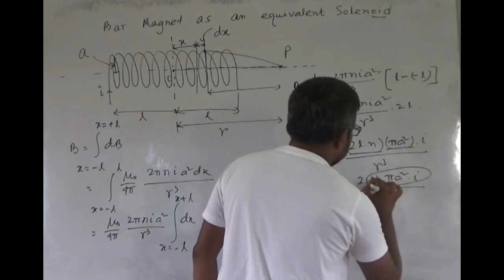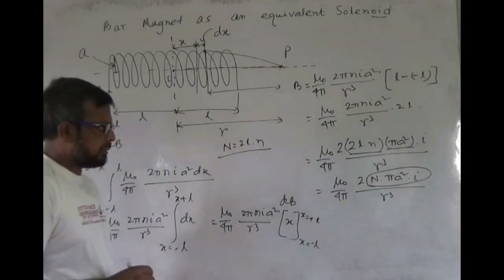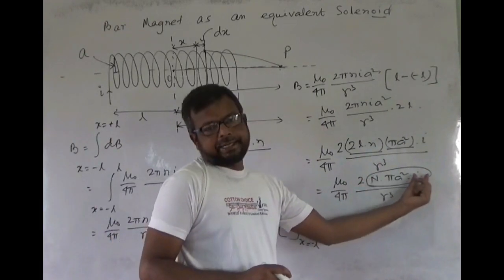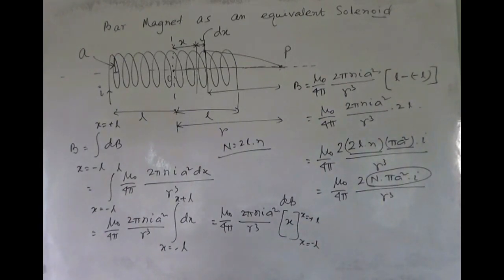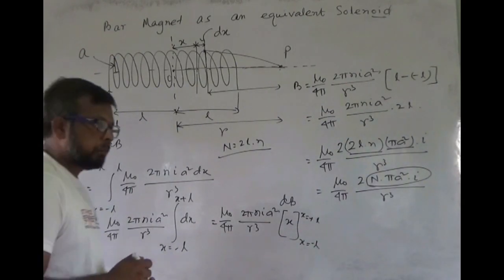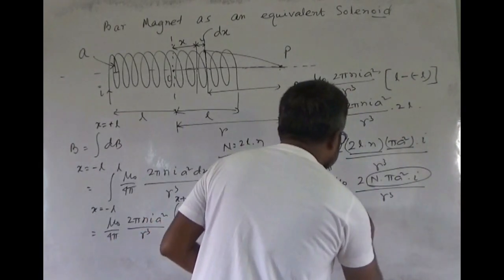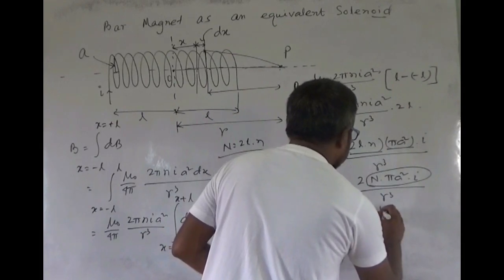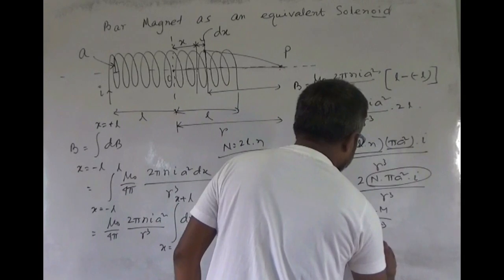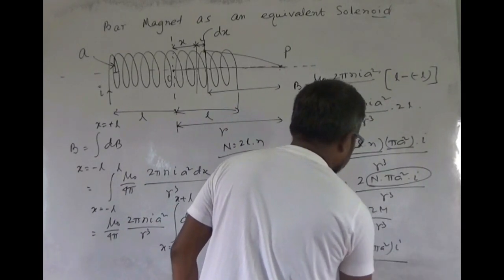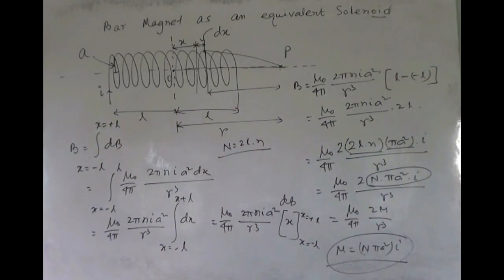Now what is this term? 2L into N is the total number of turns, this is the total area, this is current. Current into area is what? We have already defined that term. That is the dipole moment. Now this can be written as mu naught by 4 pi 2 m by r cube, if we write m equals to N into pi a square into I, which is the dipole moment of the solenoid.